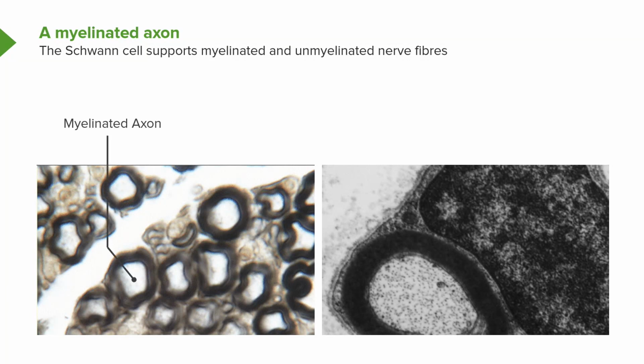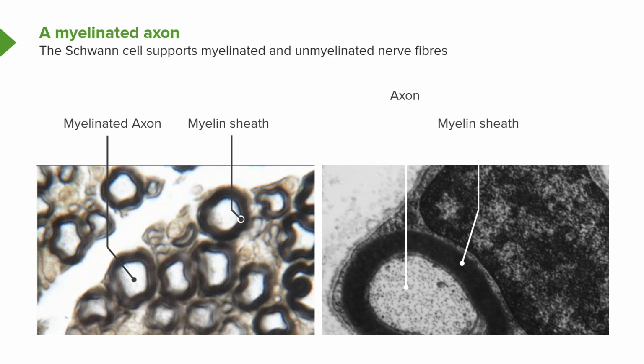And you can see the axon is a very clear structure and it's surrounded by a myelin sheath staining black here. And on the right-hand side, you can see the myelin sheath taken by an electron microscope viewing. It's made up of little lamellae or sheets and sheets of myelin. And on the right-hand side of that, you can see an axon.